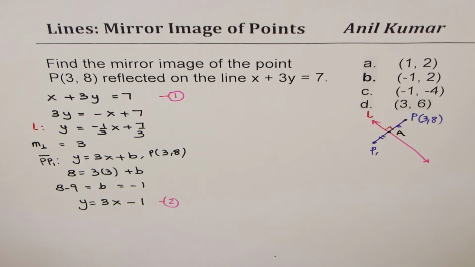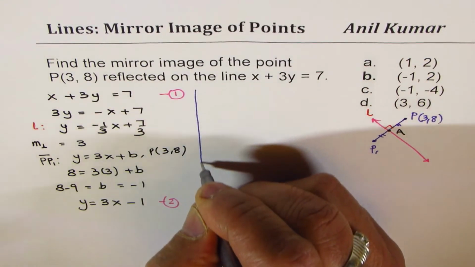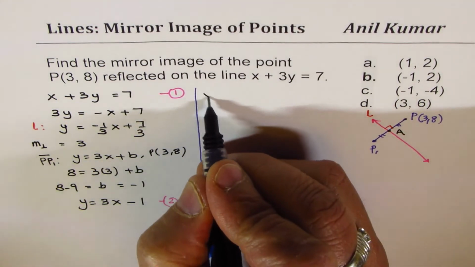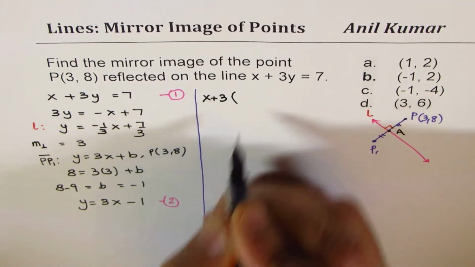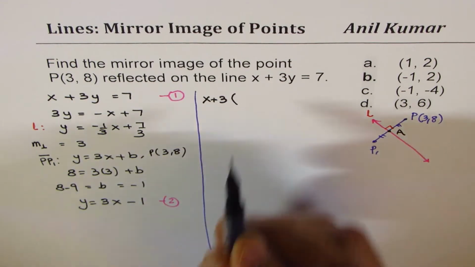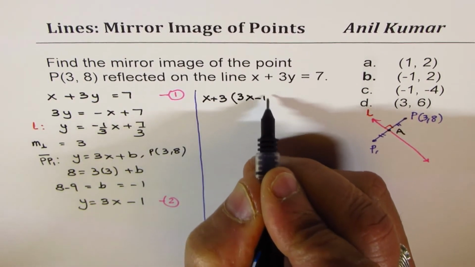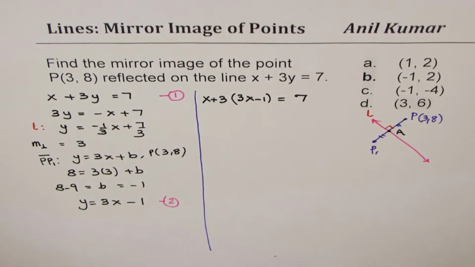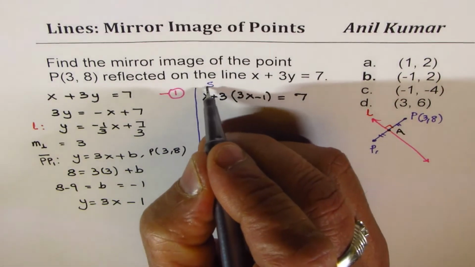So we have x plus 3 times (3x minus 1) equals 7. So I'm substituting 2 in 1.